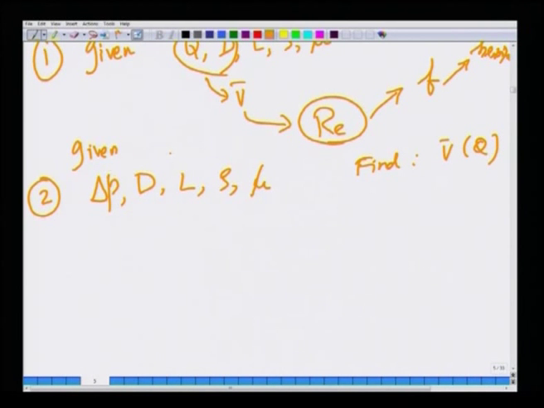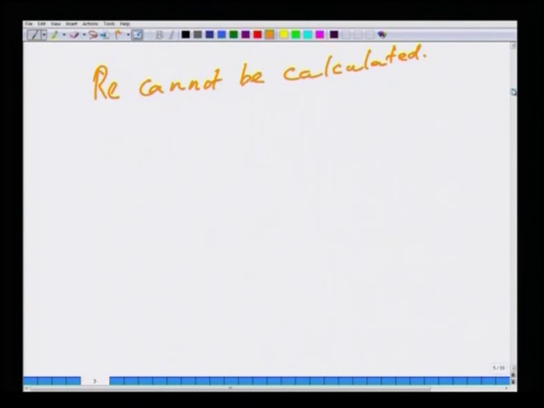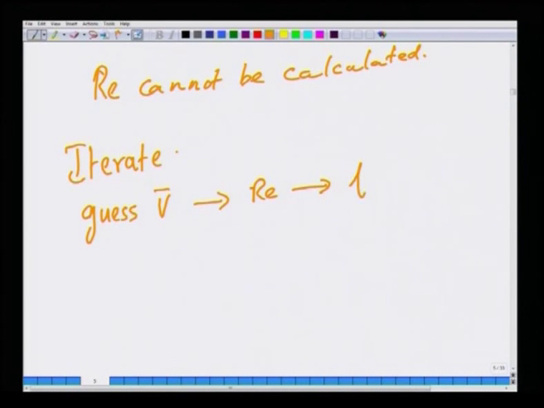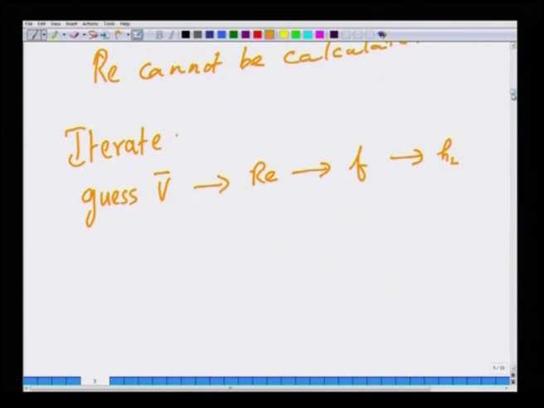Now, with this set of variables, Re cannot be calculated, because we do not know the velocity, that is the final goal of our calculation. So, these kinds of problems must be done iteratively, that is, guess a velocity, then calculate Re, then calculate f, then calculate head loss.